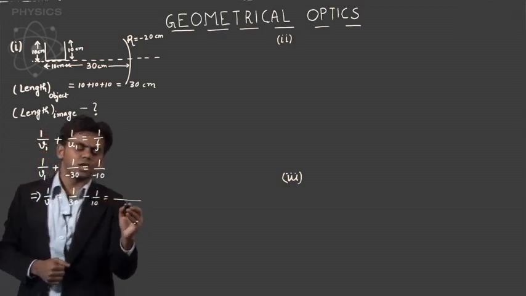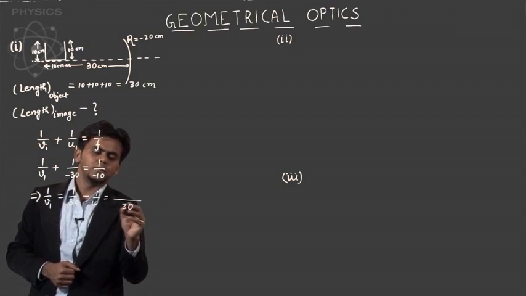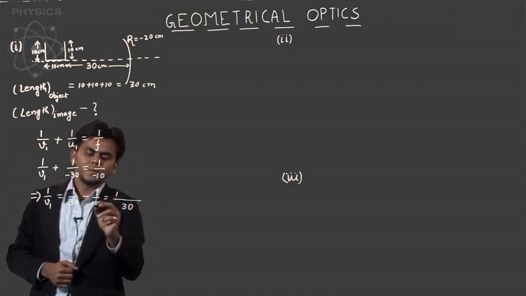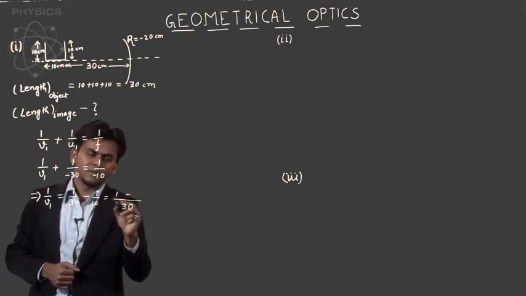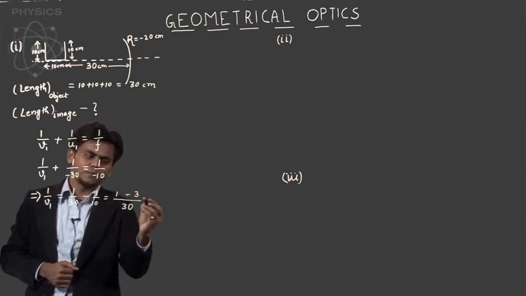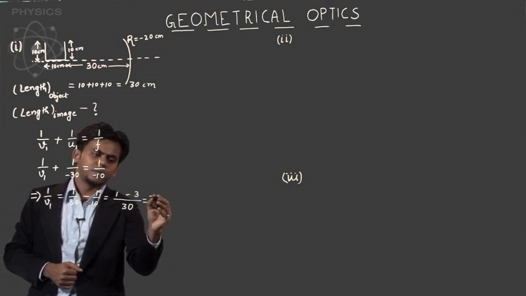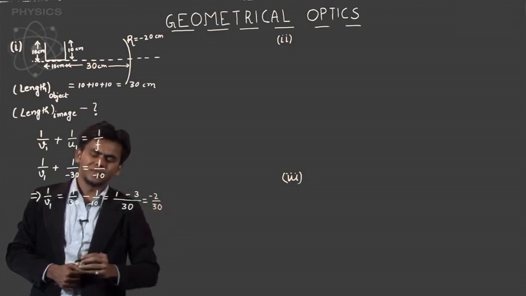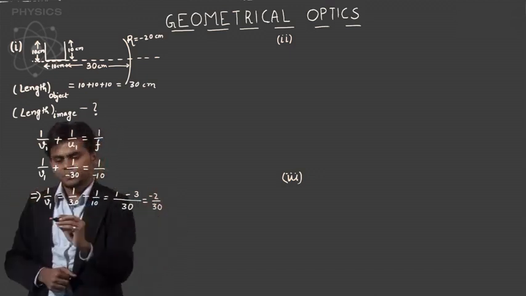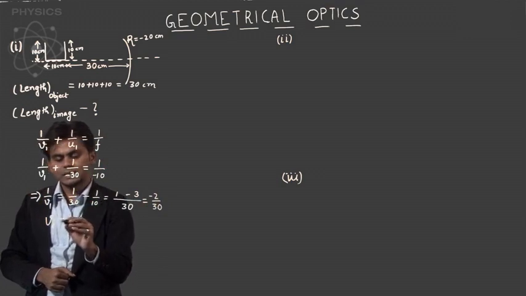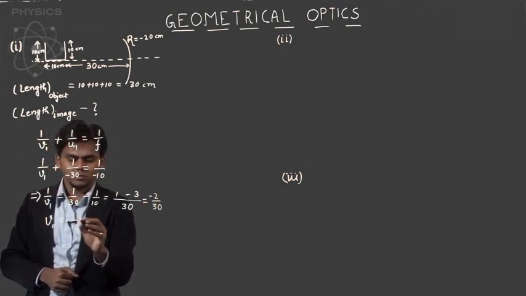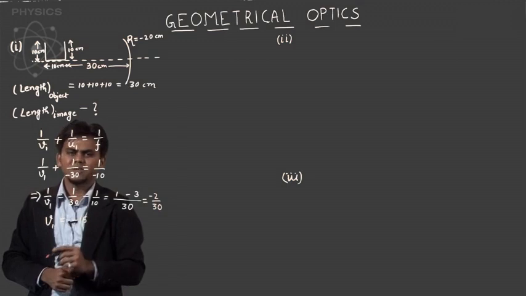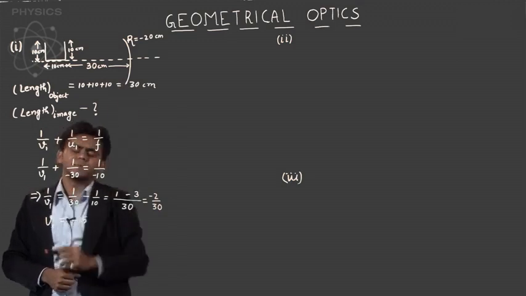Upon further calculation, this gives you minus 2 upon 30. Invert it, you'll get V1 as minus 15, which means 15 away from here.